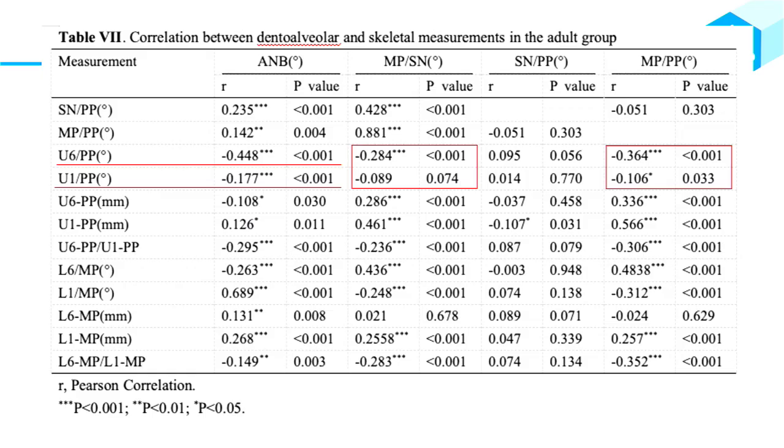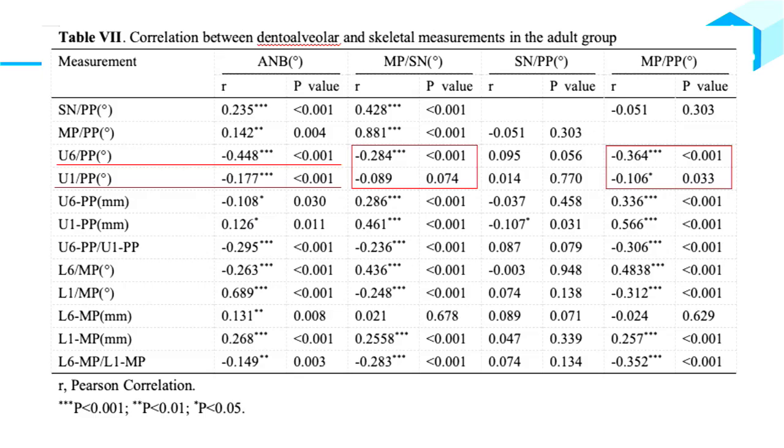And you check the MPPP, upper molar to palatal plane, 0.364, but upper incisor to palatal plane, 0.106. Much less than upper molar to palatal plane.